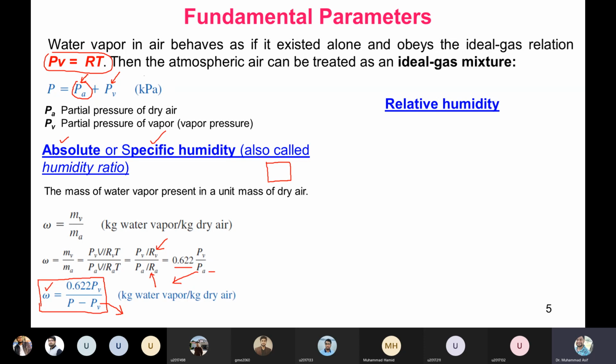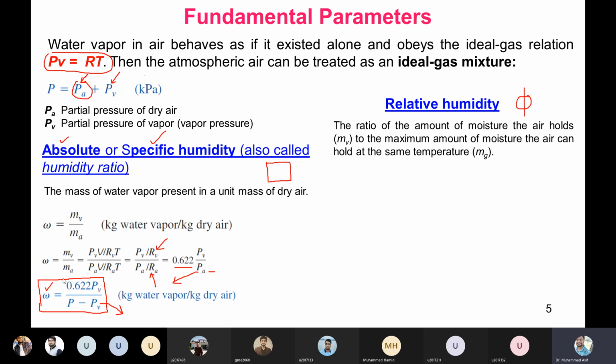Then we have another type of humidity, which is called relative humidity. It is represented with the symbol phi, right? This relative humidity is represented with phi, whereas the specific humidity is represented with the term omega. Now this is basically relative to the saturated condition.